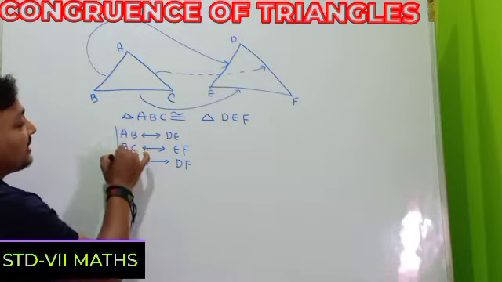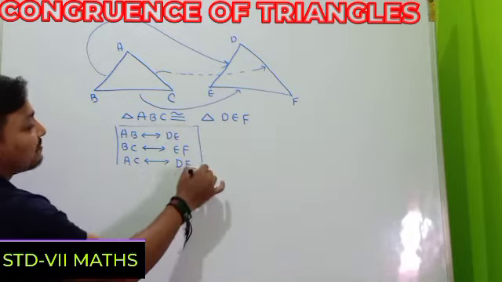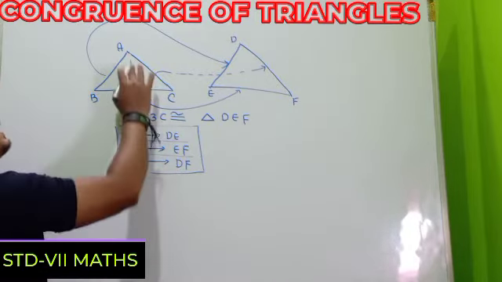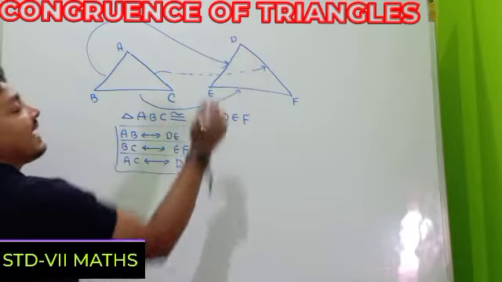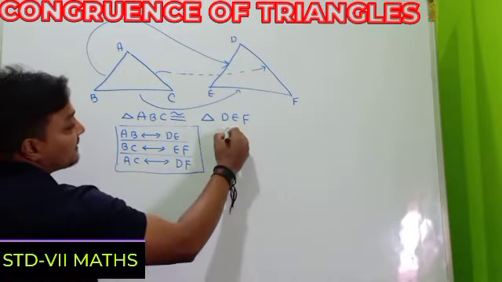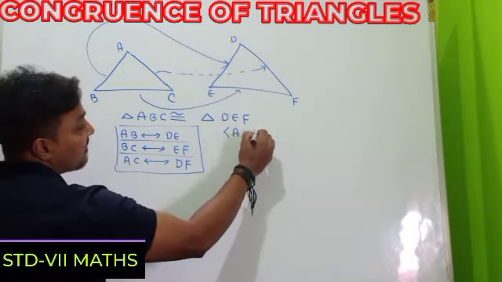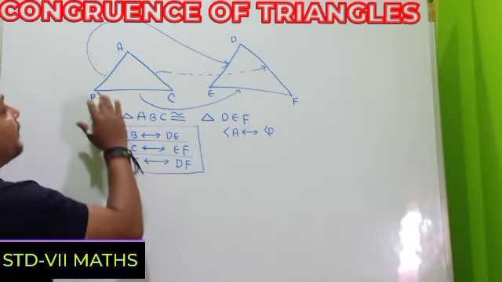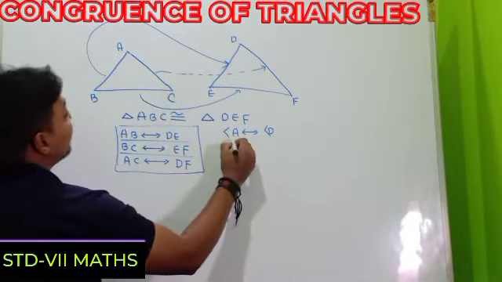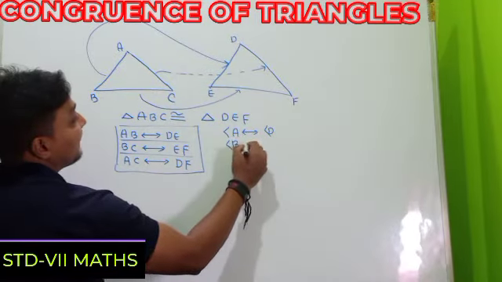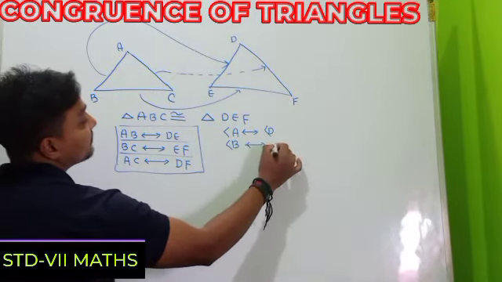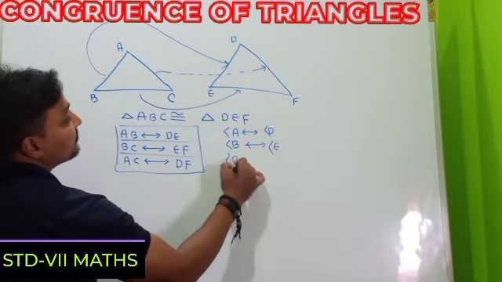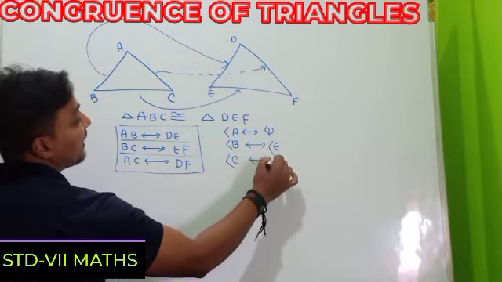So these are the three matching sides. Thereafter, remember, angle A must cover angle D. Angle B must match with angle E. And angle C must match with angle F.